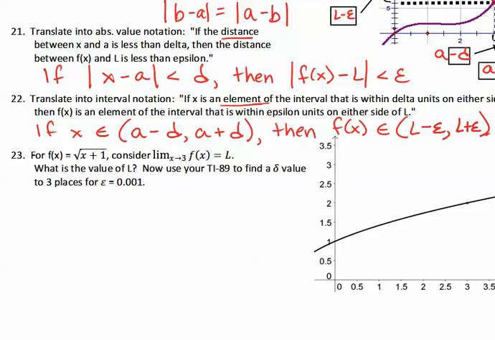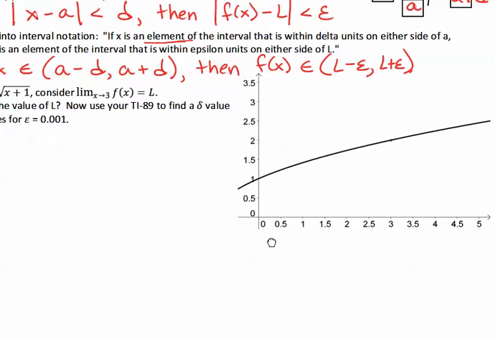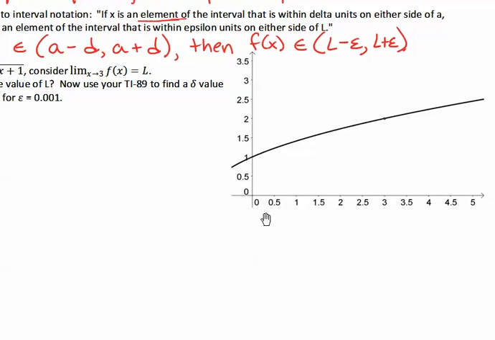All right, 23 is some practice using our calculator. So we want to first go to our y editor, and we want to put in this function, the square root of x plus 1, as our y1 function. And now we want to talk about the limit of f of x as x goes to 3.